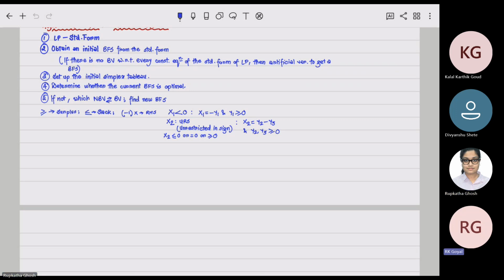So if the value of y2 is 5 and y3 is 6, and we carry out such a transformation, x2 is equal to y2 minus y3, so x2 becomes minus 1. Right. But then minus 1 is not allowed, isn't it, or allowed? Because nobody said it is written, na? I told, na? If x2 is written unrestricted in sign, then you do this transformation to convert it into your standard form. Oh, I see. Yeah. Okay.